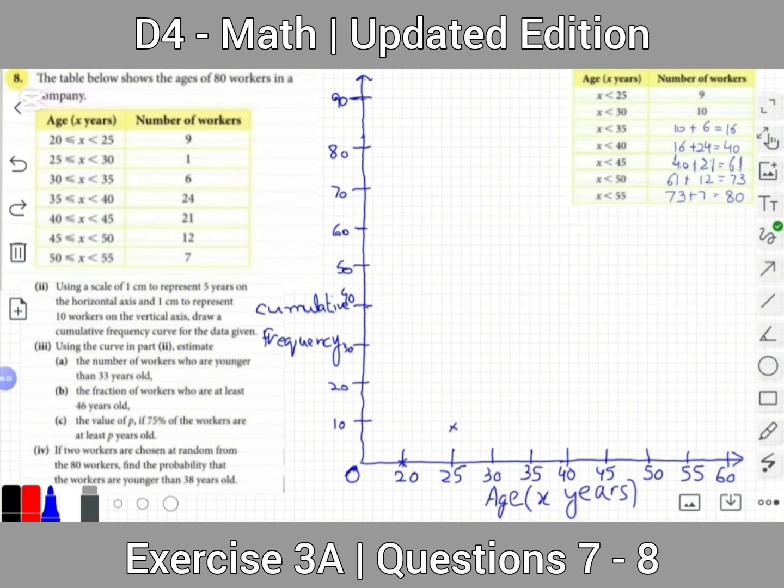For x less than 30, we have the cumulative frequency 16. So somewhere here we will put the cross.